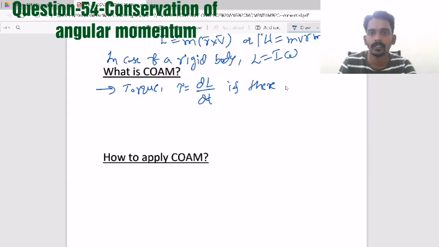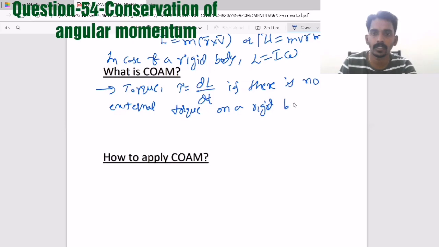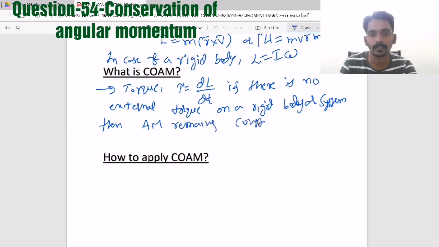If there is no external torque on a rigid body or system, then angular momentum remains constant.